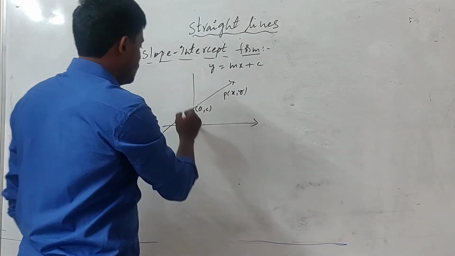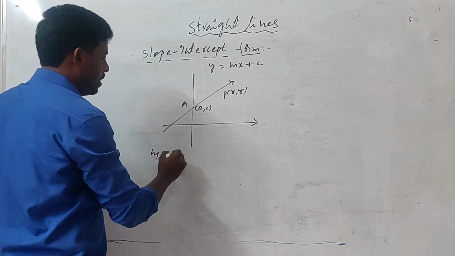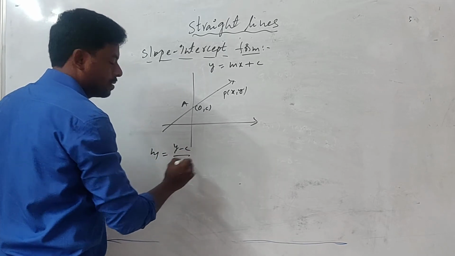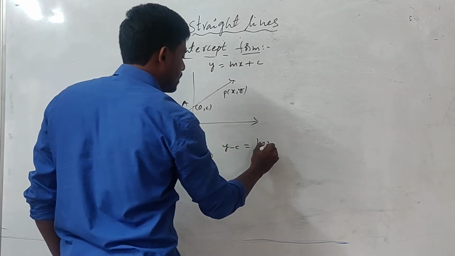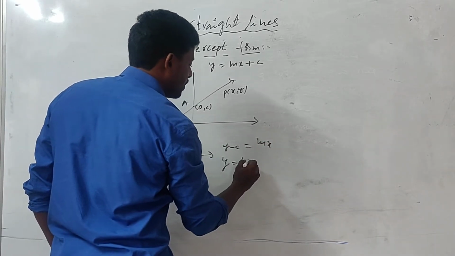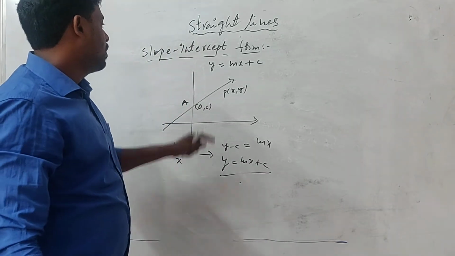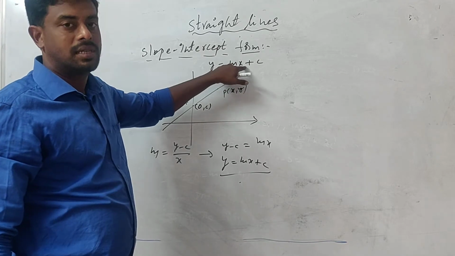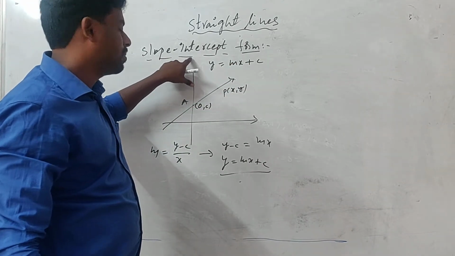Then the slope of AB is y minus c by x. That is, y minus c equal to mx, then y equal to mx plus c. Simply you can get y equal to mx plus c. That is how we get this formula, by using this condition we get the slope and intercept form.